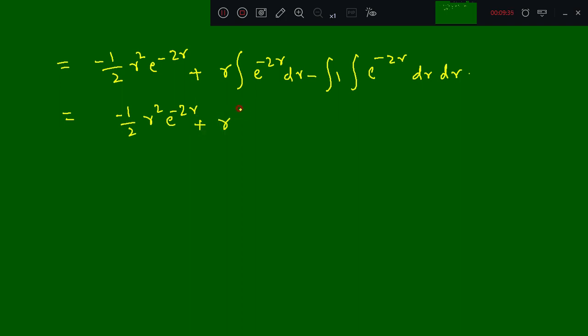r into e raised to minus 2r divided by minus 2, then minus integration of e raised to minus 2r divided by minus 2 into dr. Okay, this value is going to remain.